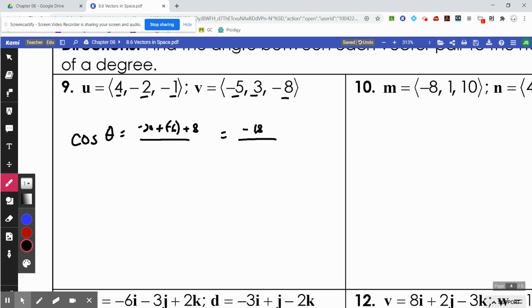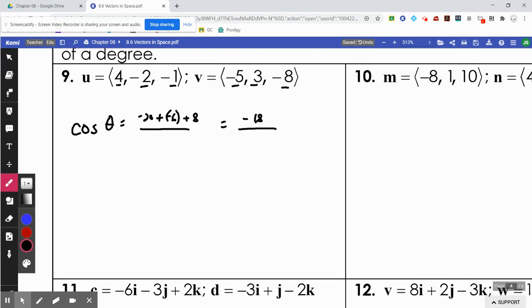And again, the magnitude is simply the square root of a squared plus b squared plus c squared. So that'll be the square root of 16 plus 4 plus 1. So that'll be the square root of 21 times the magnitude of v, which would be the square root of 25 plus 9 plus 64. So that'd be the square root of 34 and 64, which would be the square root of 98.